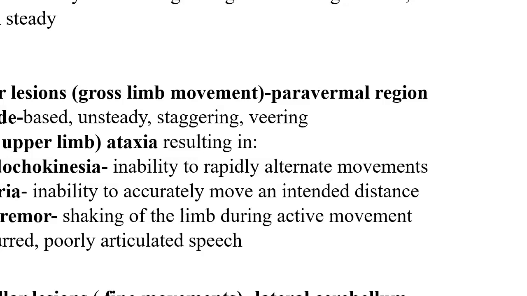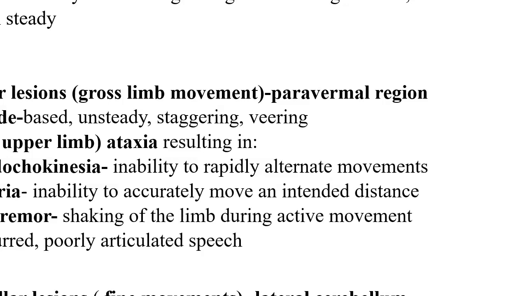So we test that in the hospital by having patients put both hands on their lap, and they rapidly supinate and pronate the hands to check whether or not they have that gross coordination of movement of the hands. We also can test dysmetria. We test that with the finger to nose test, that inability to accurately move that intended distance.